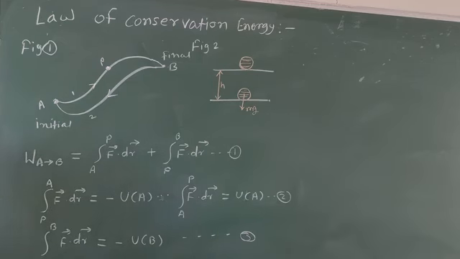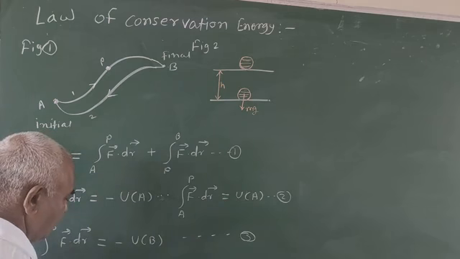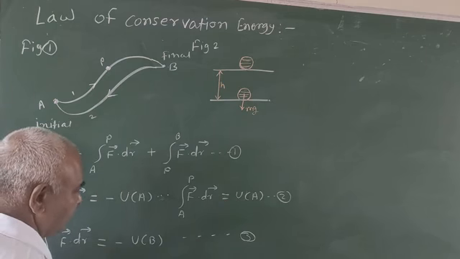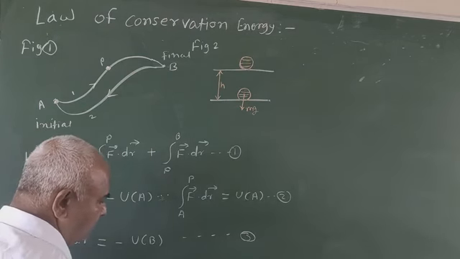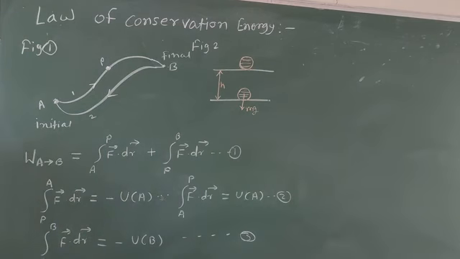Putting the values of the work done from equations number 2 and 3 in equation number 1, we have the total work done W A to B given by U of A minus U of B.